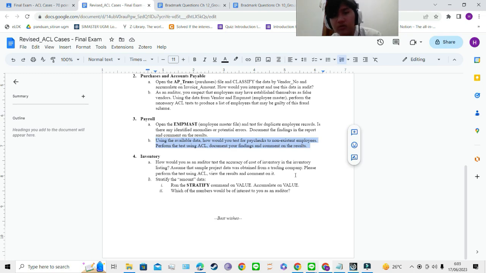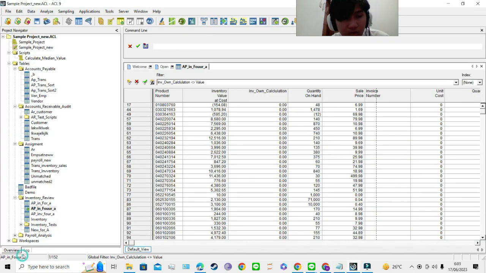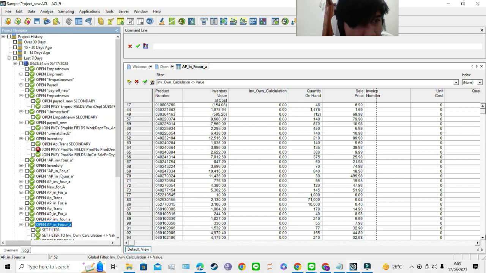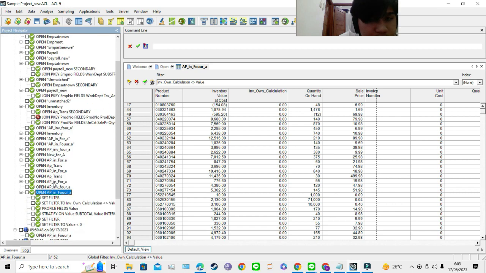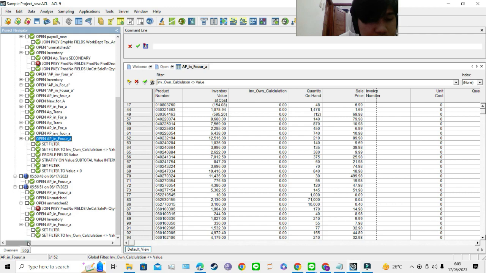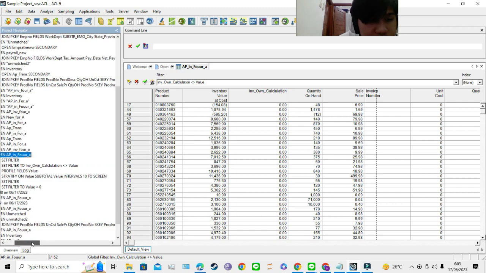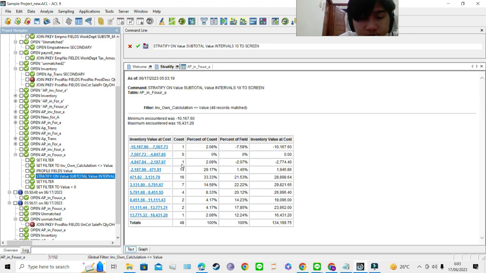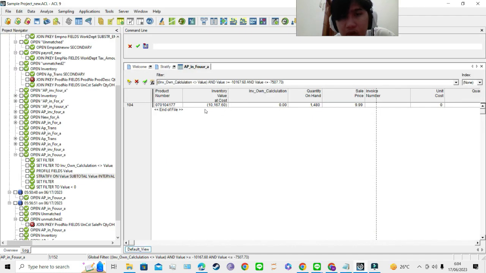Stratify the comment on value. Okay, this one, yes, as you can see from these numbers, there are these numbers that exist with the inventory value at cost is minus 10,000.